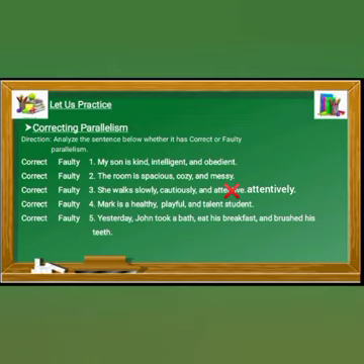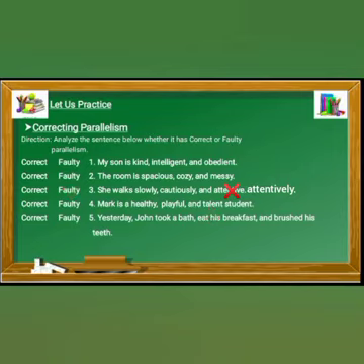Sentence number 4. Mark is a healthy, playful, and talented student. Is it correct or faulty? If your answer is faulty, again, you're correct. Because the word talent here is a noun.